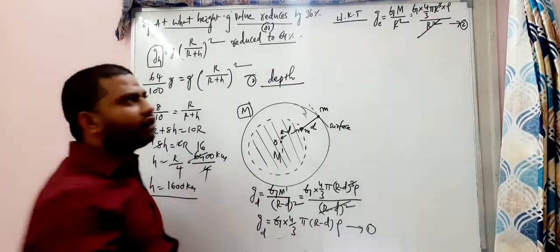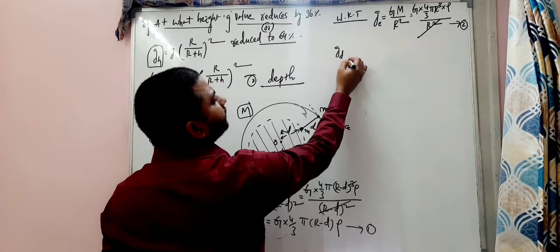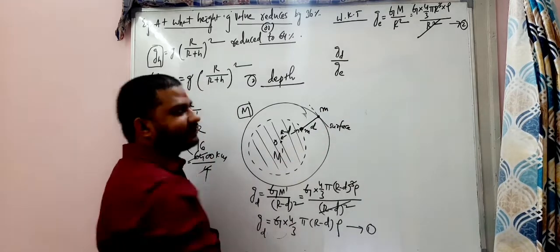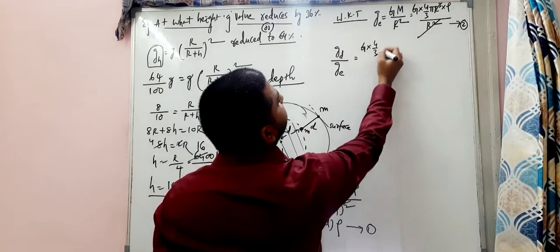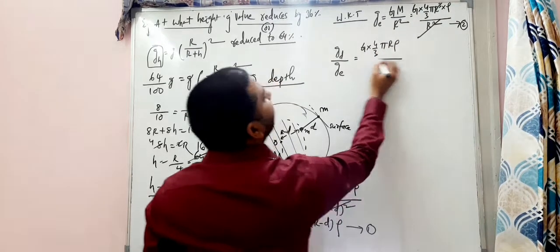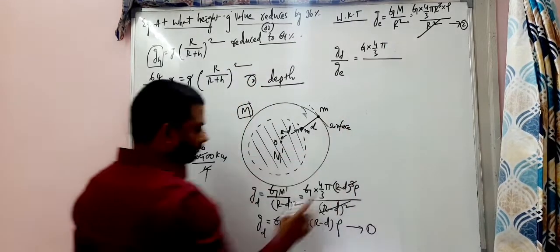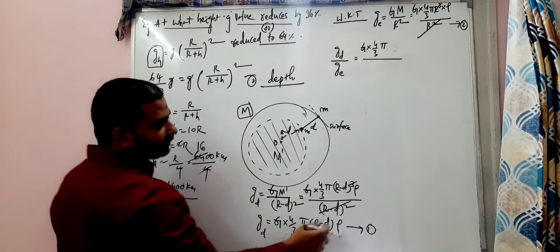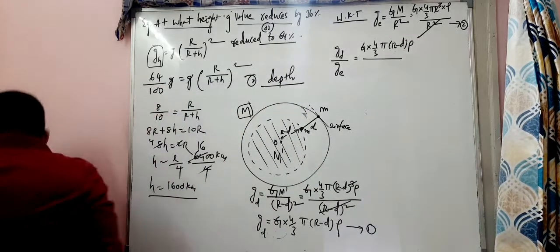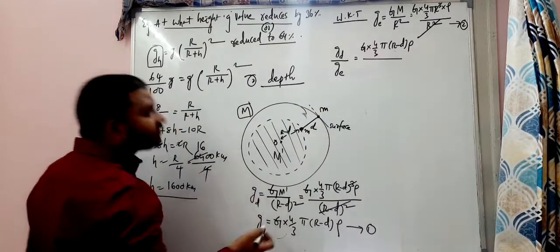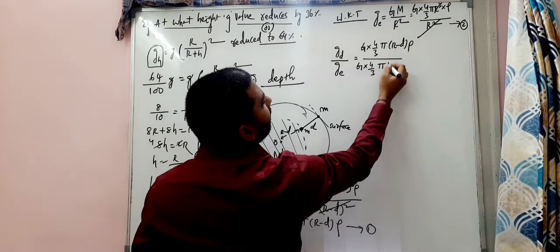And equation 1 by 2 we can do here. So equation 1, acceleration due to gravity at some depth, by acceleration due to gravity on the surface. So G into 4 by 3 pi (R minus D) into rho, divided by acceleration due to gravity on the earth surface, equation number 2, G into 4 by 3 pi R rho.